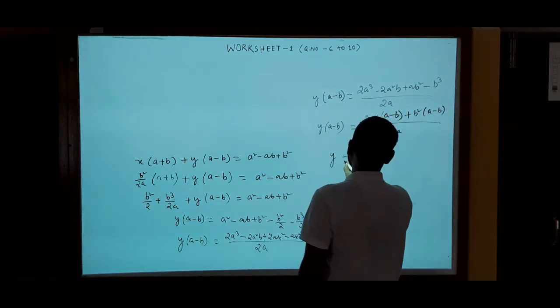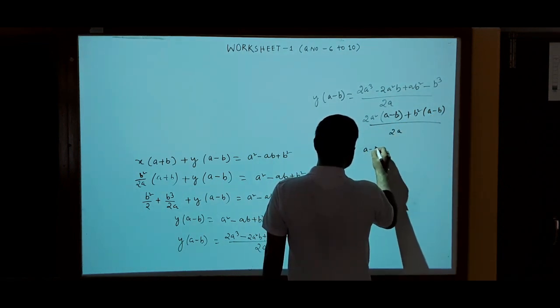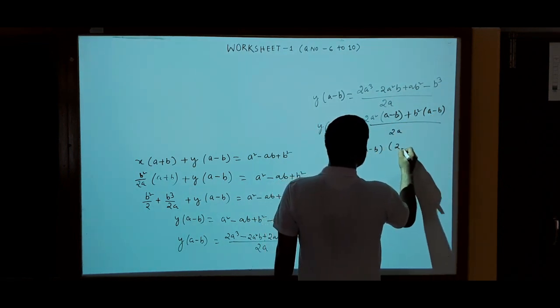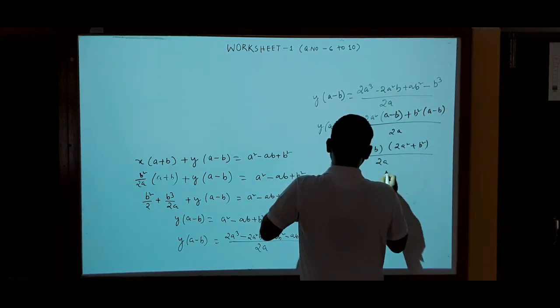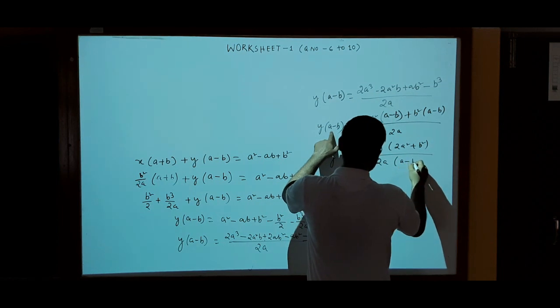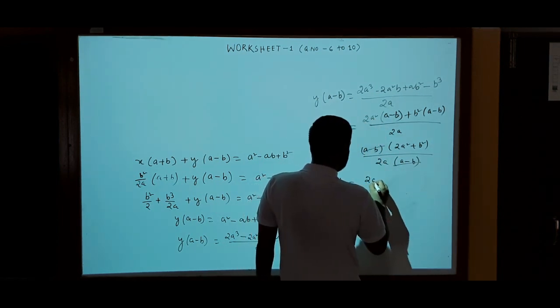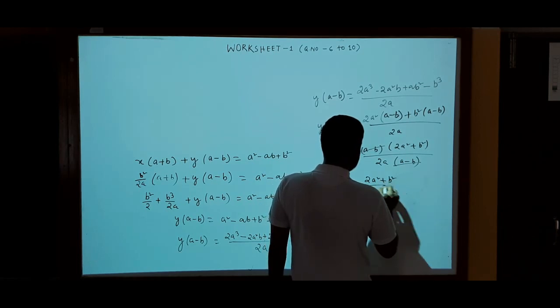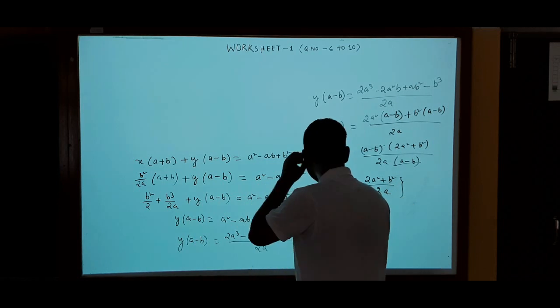So y equal to, now I can write a minus b is common, right? And 2a square plus b square upon 2a, and y into a minus b will come here, so I'll write here, cancel. So y equal to 2a square plus b square upon 2a. This is the value of y.